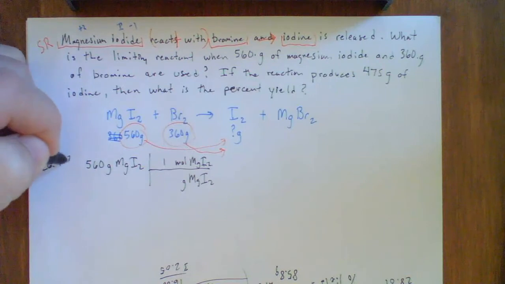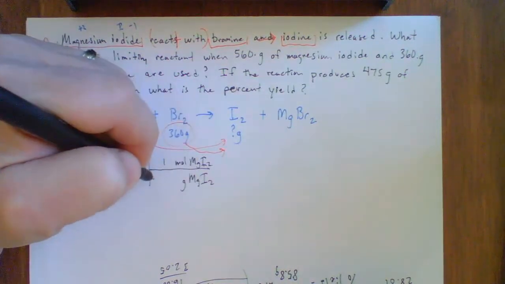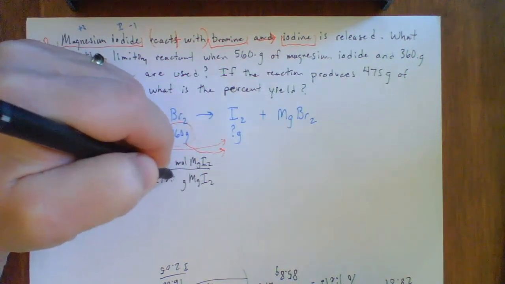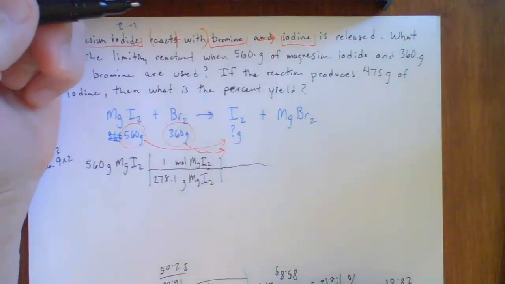But remember there's two of those, so I'm just going to do my math here quick. 24.3 plus the 126.9 times 2, so that's 278.1.